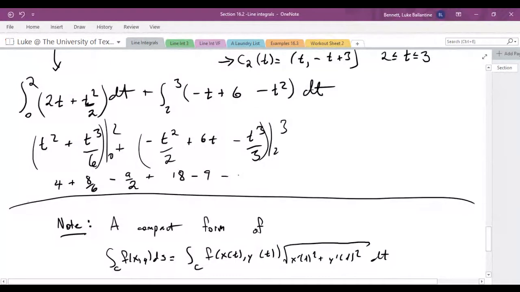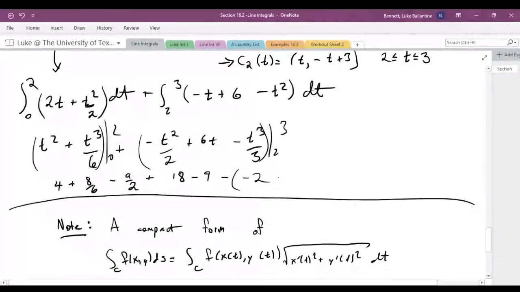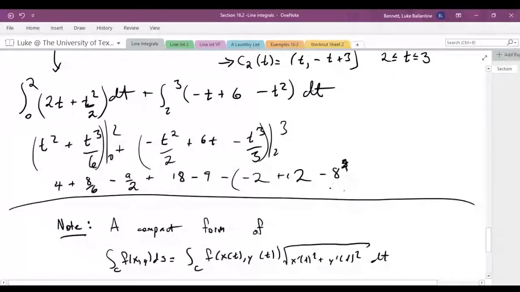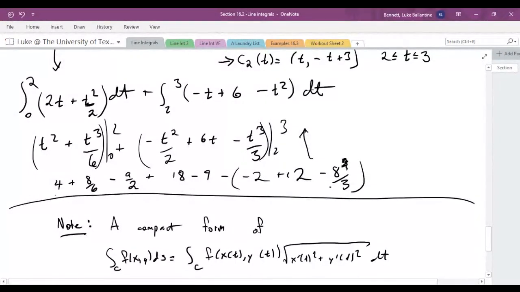Minus 4 squared over 2 is 2, plus 12 minus 8, 2 cubed is 8 over 3. So, okay, so we have 4. Well, 18 minus 9 is 9, plus 4 is 13.